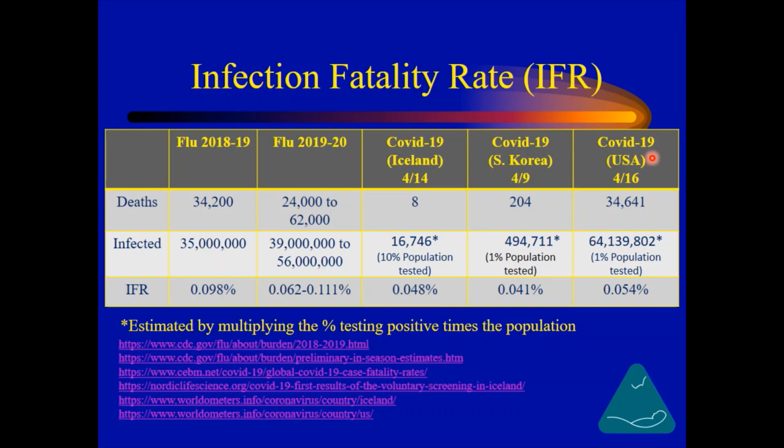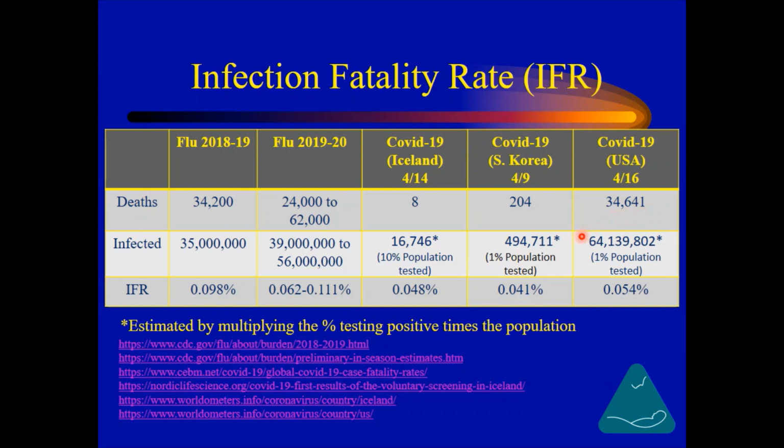Now let's look at what we might be able to estimate for the United States experience with COVID-19. On April the 16th, President Trump gave a news briefing. And in that briefing, he said that there had been 3,500,000 people tested. And if you go to the CDC website on that date, they were listing the total number of deaths as 34,641.